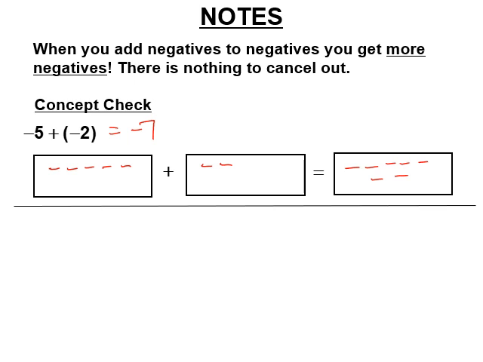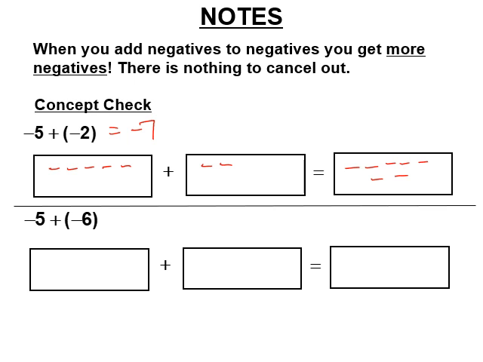There's no positives involved, right? We're adding negatives. So do this one. So negative 5 plus negative 6 is negative 11.